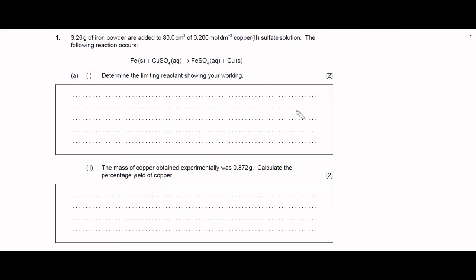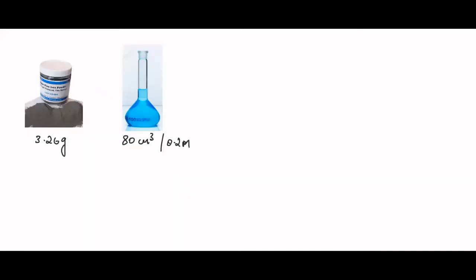In order to solve the question, let's first find out how many moles of iron there are and how many moles of copper sulfate there are. To find the moles of iron, number of moles equals mass over atomic mass of iron.